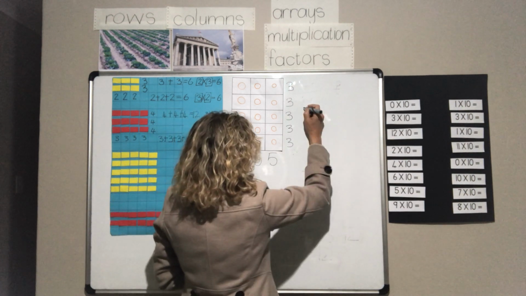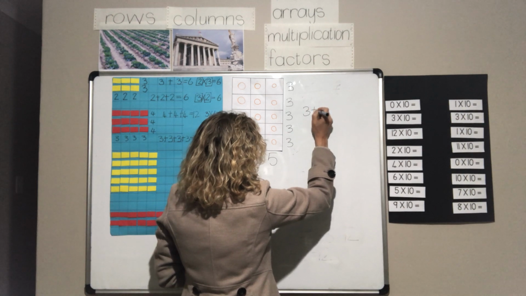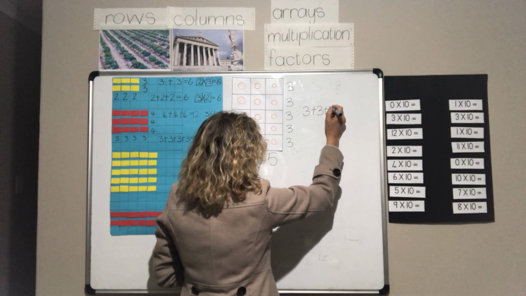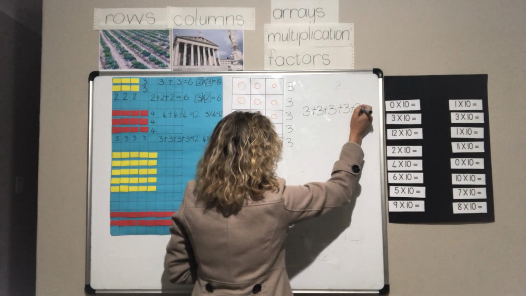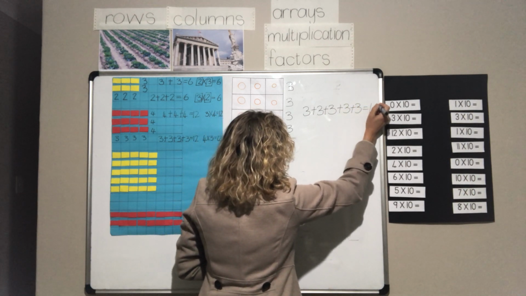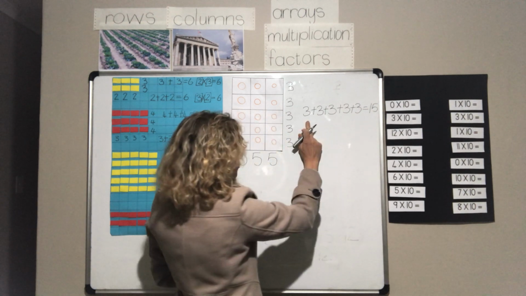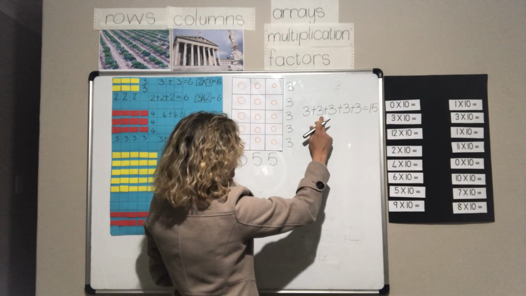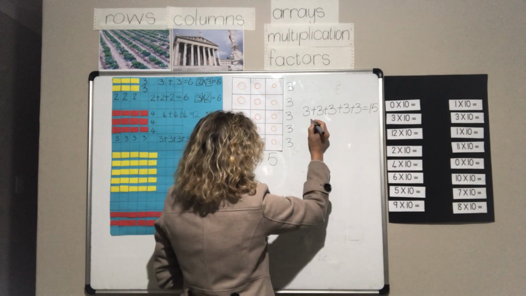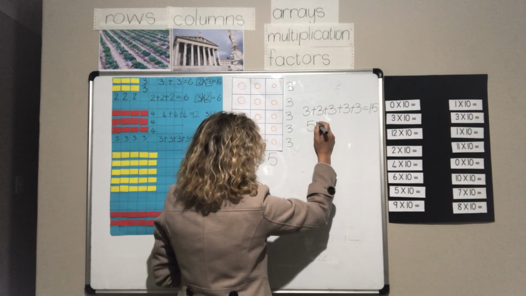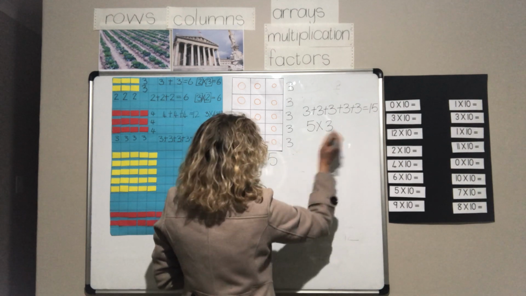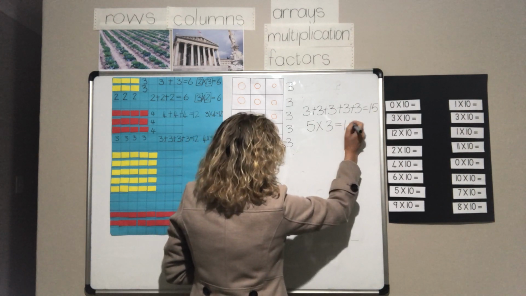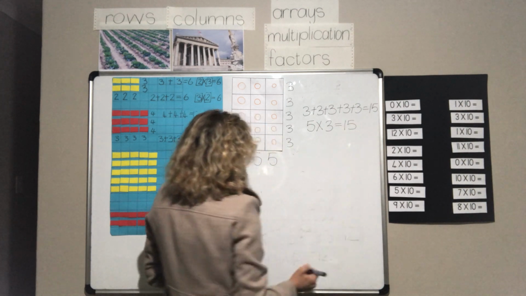So let's write it down. 3 plus 3 plus 3 plus 3 plus 3 equals 15. How many 3s do we have? 1, 2, 3, 4, 5. We have 5 groups of 3, 5 rows of 3 in each, and that gives us 15.